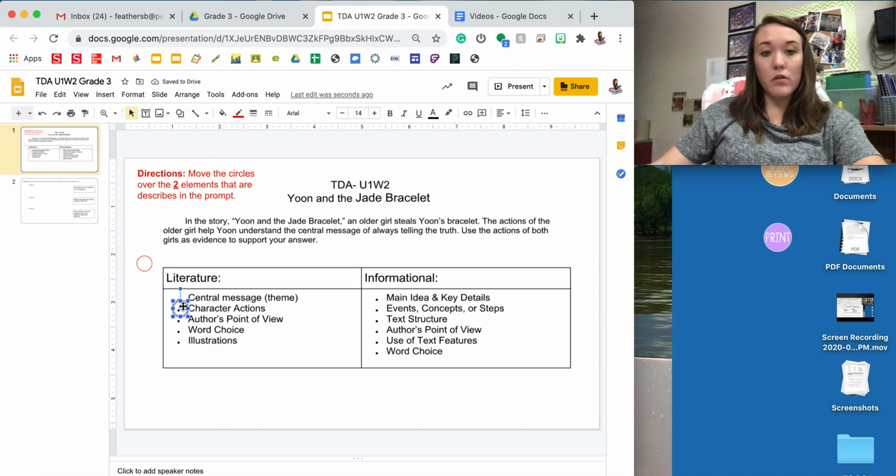This prompt's also nice because it gives me what the central message is. The central message of this story is to always tell the truth. I have my 2 elements identified for the prompt by circling them in red: central message or theme and character actions.